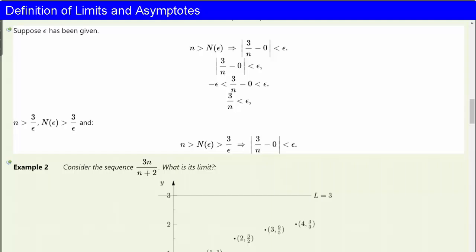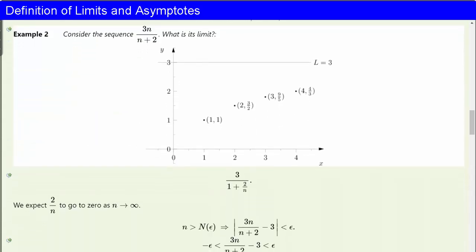To recap, we wrote down the formal definition for our specific sequence. Then we worked on the desired target inequality to show that it is equivalent to a statement about the size of n, and we used this statement to choose capital N sub epsilon.